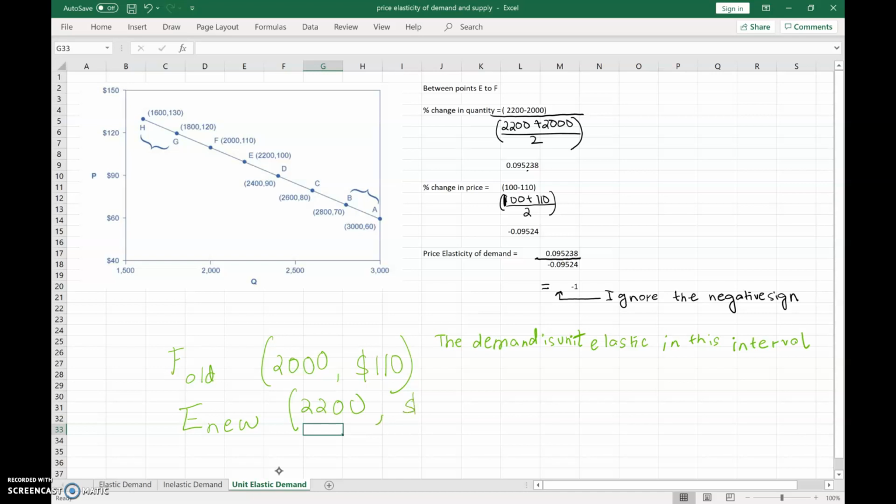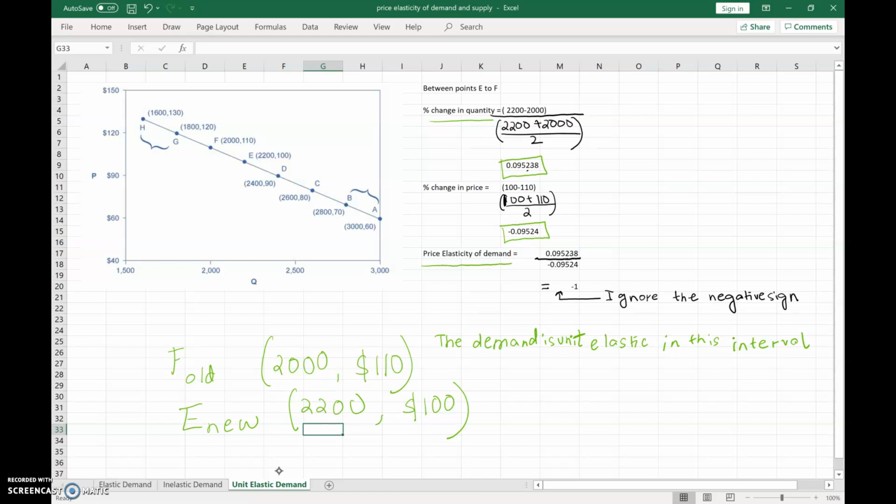The price went down from 110 to 100. And I can do the calculations here. Percentage change in quantity using the midpoint method is this number. Percentage change in price looks like the same number except we have a negative sign.